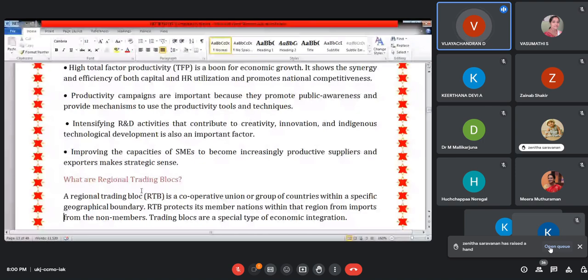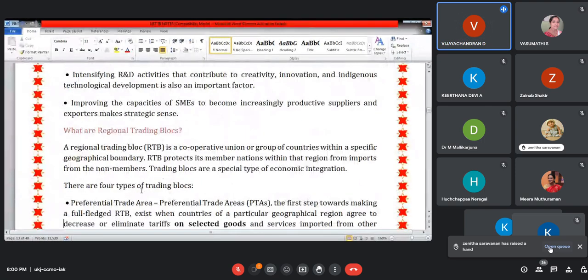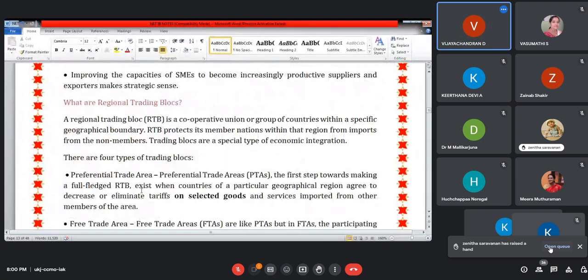Next, I'm moving into trade blocks. Under that, first one is regional trading blocks. So what is that? The countries which are located in a particular region will come up with a union, a cooperative union.